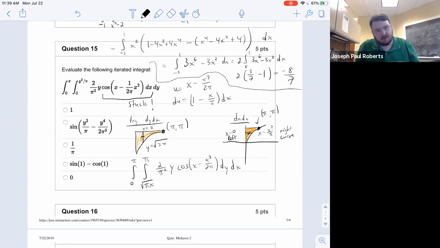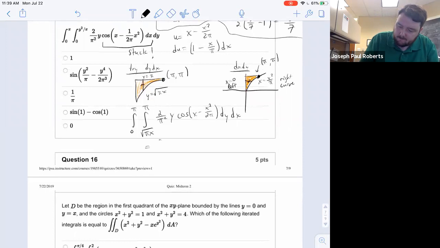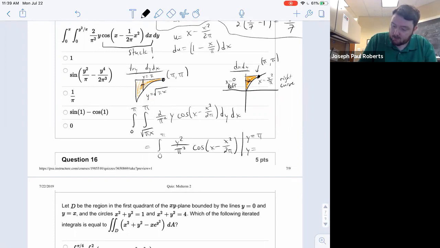So we're not sure that this is actually going to work yet, but we do know that we can at least get started on the y antiderivative, because this will then be y squared over pi squared cosine of x minus x squared over 2 pi between y equals pi and y equals square root of pi times x. Right?